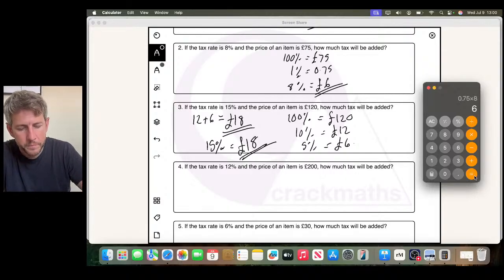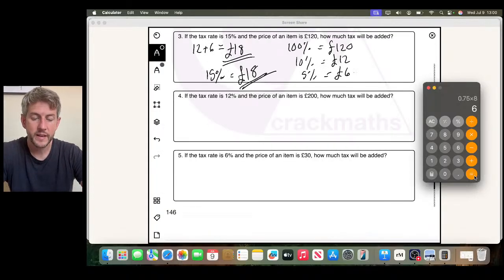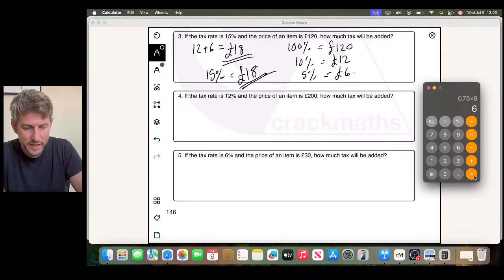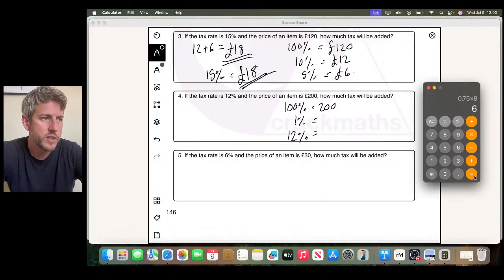Okay, next one. If the tax rate is 12% and the price of an item is £200, how much tax will be added? Okay, so let's do this. So we know that 100% equals 200. We know that 1% will be something, and then we can get 12%. Okay, so remember, to find 1%, we divide by 100.